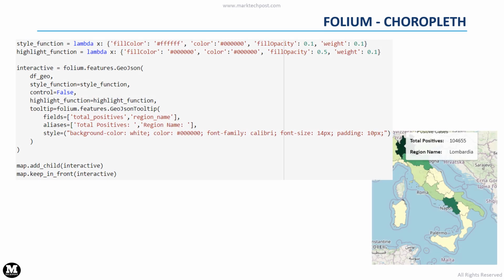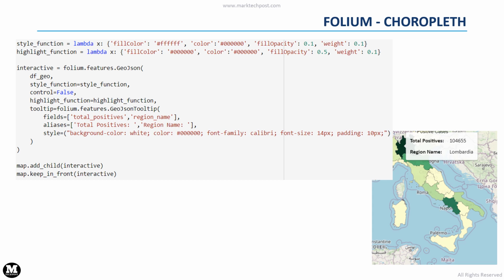Another cool thing is to make the map interactive. Here we add to the map an interactive GeoJSON object. The map will show a pop-up when we pass over a region with the mouse. The style function defines the basic style of this object. In this case, we use a white fill color with a low opacity not to affect the color map of the choropleth.